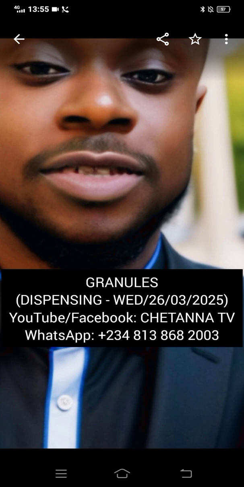In fact, if you use granules as a dosage form, you know what I told you, that granules can be used as a dosage form on its own. It can also be used as an intermediate for capsule and tablet formulation. Because of that porosity, if you use it as the dosage form, it improves wetting. Water can easily penetrate the inside.